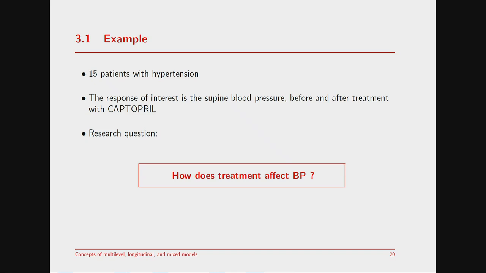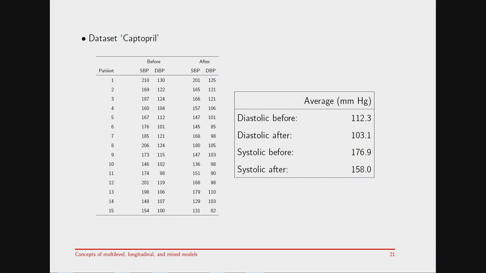And of course, the research question is, how does the treatment affect the blood pressure? And here you see the actual data sets. So it's a small data set, as I said before, 15 observations, 15 patients. We have then the measurement before and after the treatment, and each time we have the systolic blood pressure and the diastolic blood pressure for all these patients.